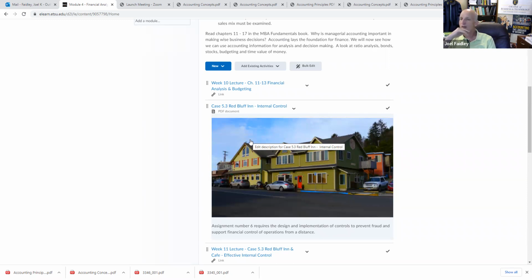How are they going to control that when they're not there to see what's going on? How do they keep people from stealing? And so this gives you an opportunity to really use your creative side and come up with some internal controls that will make sure this business that they purchased can operate without fear of losing everything they've invested in it.